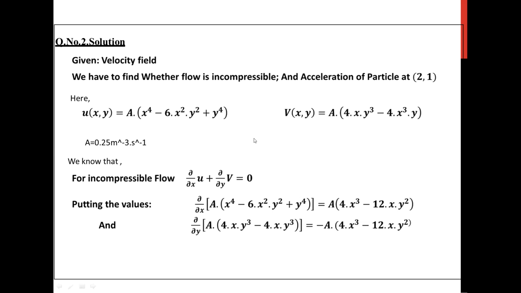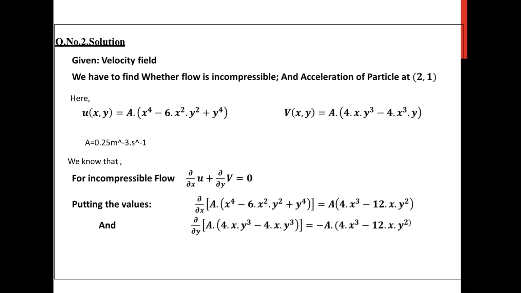So now the solution. This is the x component of velocity and this is the y component of velocity, and this is the equation of incompressible flow. Now putting the value of del u by del x, we get a times 4x cube minus 12xy square, and putting the value of del v by del y, we get minus a times 4x cube minus 12xy square.